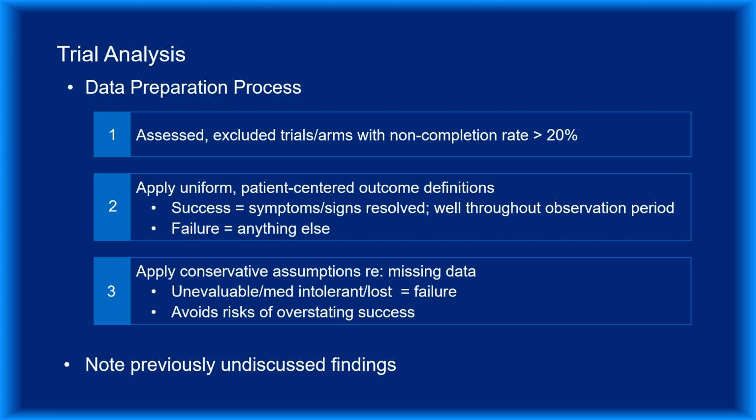Since most patients won't equate ongoing symptoms with a success, this analysis used patient-centered outcome definitions. Success was defined as a complete resolution of the rash and all Lyme-related symptoms without evidence of relapse during the observation period. Failure was anything short of that. Applying these definitions resulted in the reclassification of some outcomes, such that they were reclassified from successes to failures.